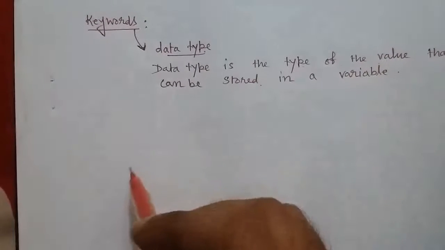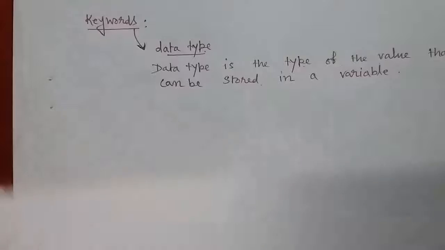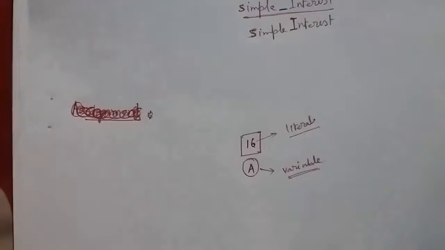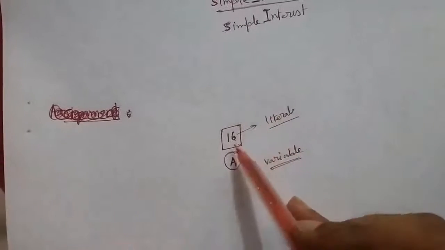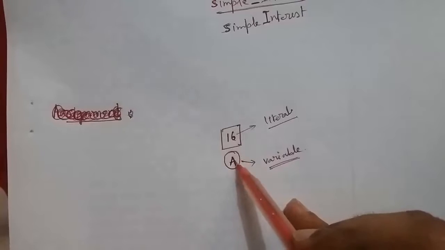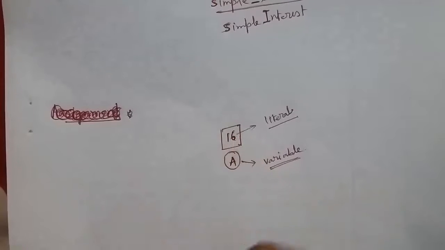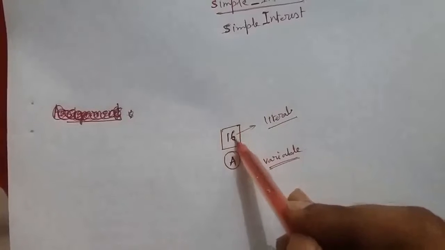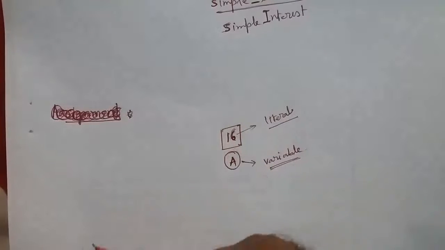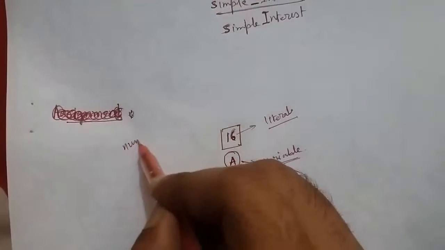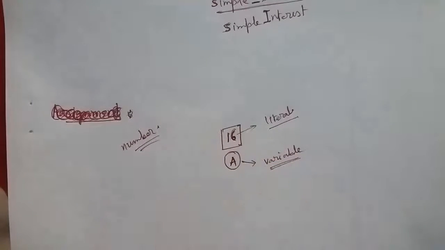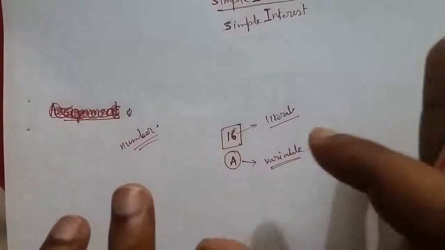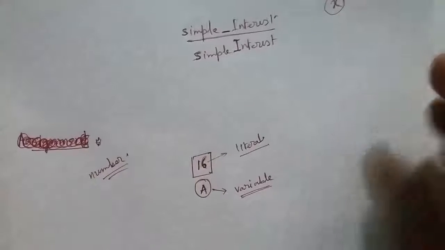Like I already gave an example here, as you can see. The variable is a and the value stored here is 16. So what is the type of this value? 16 is a number, isn't it? In QBasic, you remember there were two types of values.